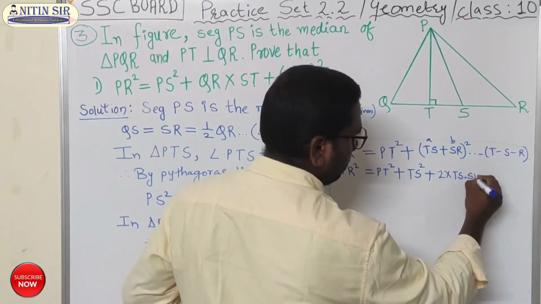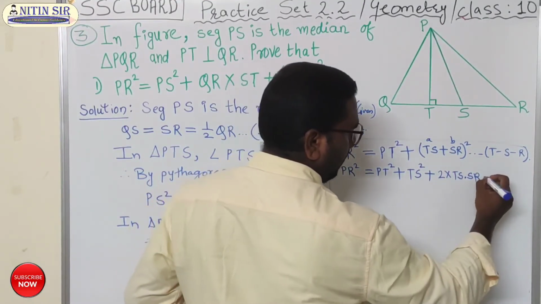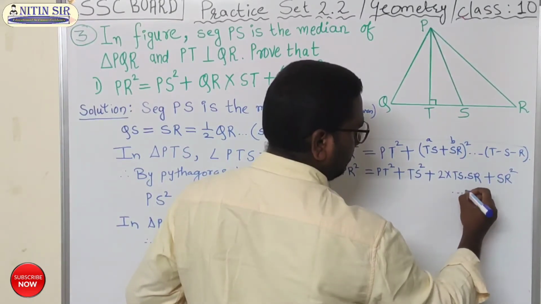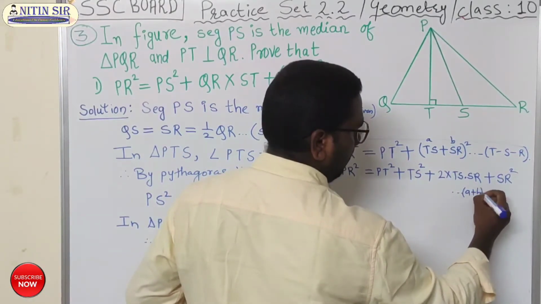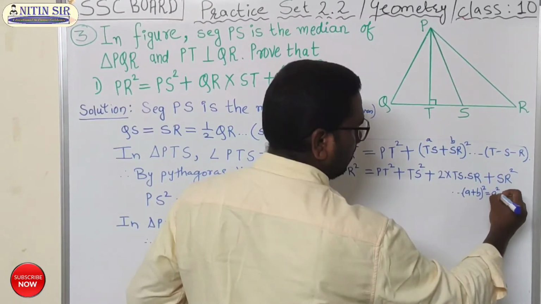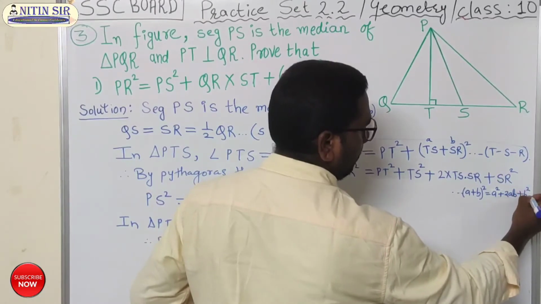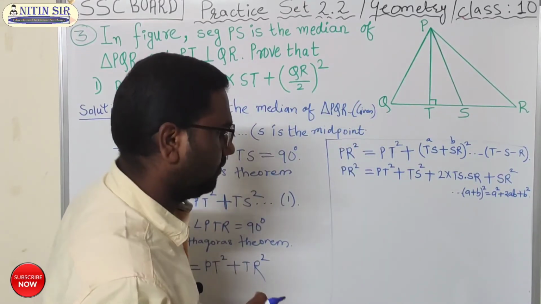TS into SR plus B square means SR square. We can write this as A plus B whole square is equal to A square plus 2AB plus B square.